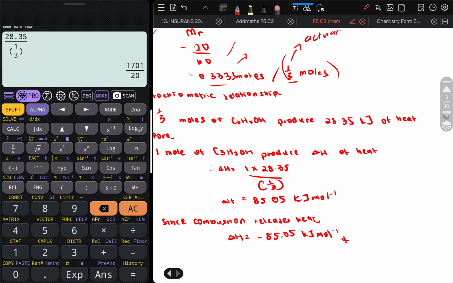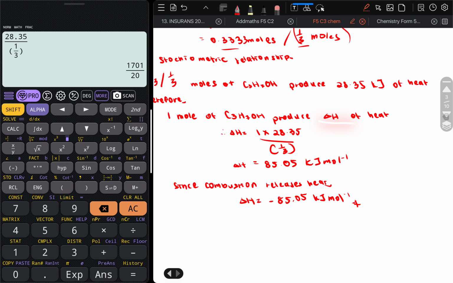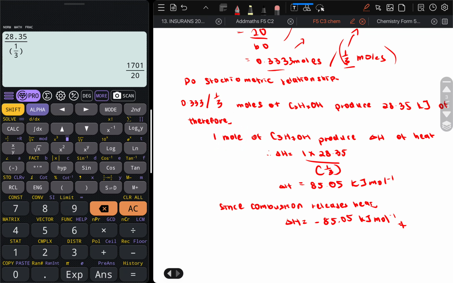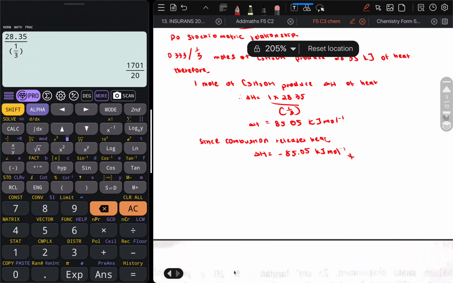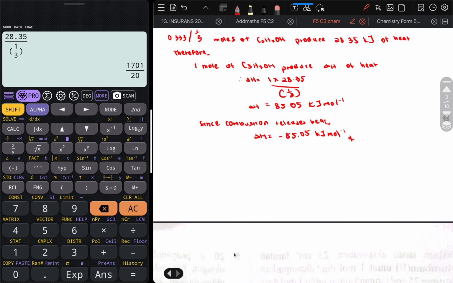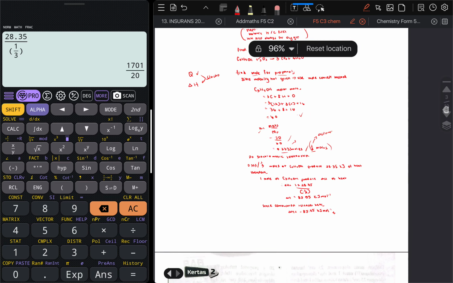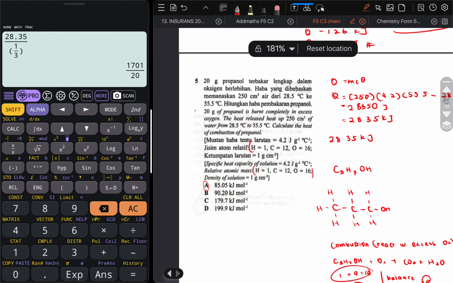So 1 mole of C3H7OH produces delta H of heat. So if you find delta H, this one times this one divided with this one. So you have 85.05 kilojoule per mole. So since combustion releases heat, we need to include negative sign here. So your final answer should be A.